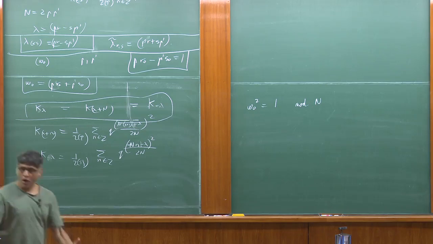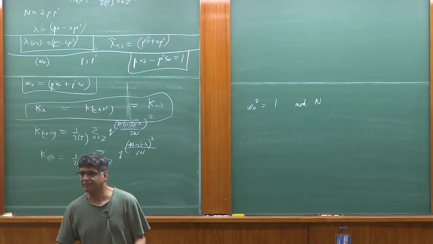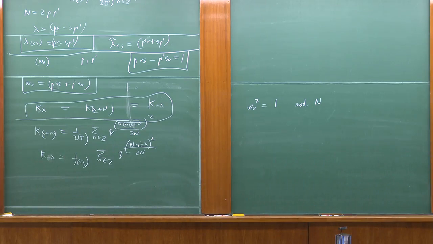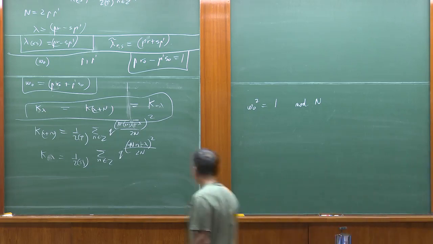Okay, mod n is going to be of relevance to us because we're going to use these operations like omega naught squared acting on lambda inside this character formula, and we've seen that the character formula doesn't change when lambda shifts by something which is a multiple of n. Okay, so identities that are mod n will be useful to us in what goes forward. Okay, so first I want to claim this.